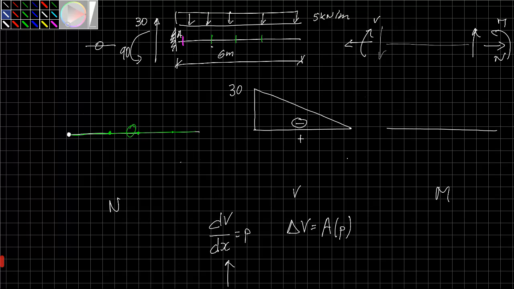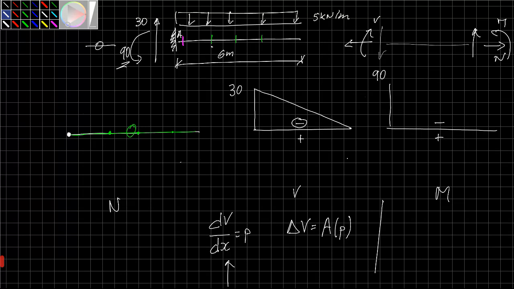The bending moment, if I look at all the bending moments to the left of section A, I have this one, 90, which in this convention is negative, so 90.